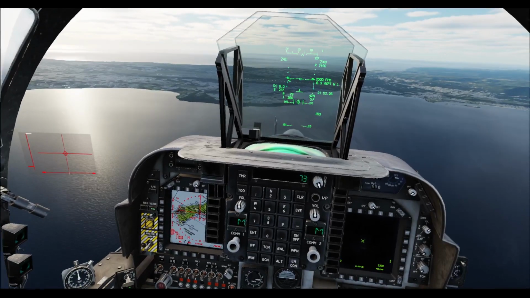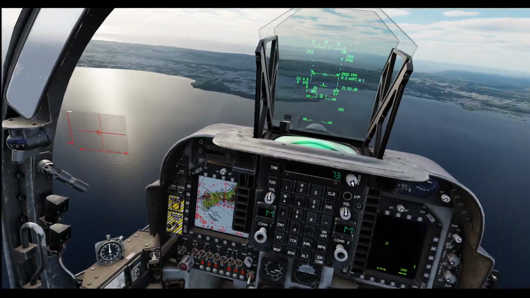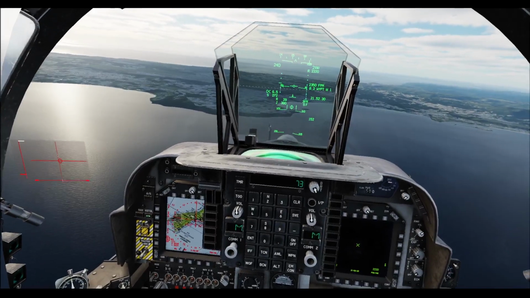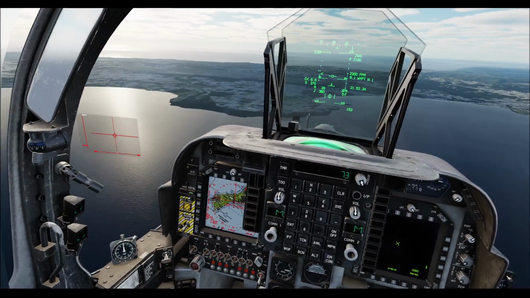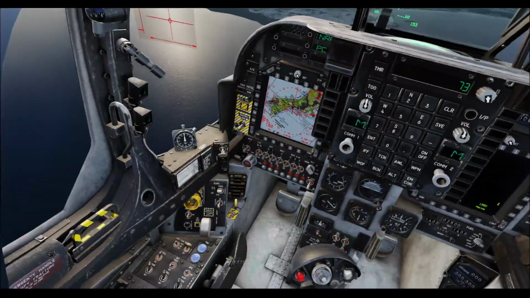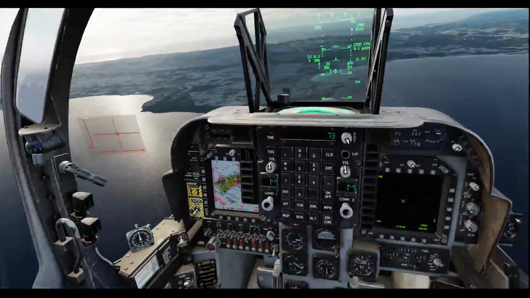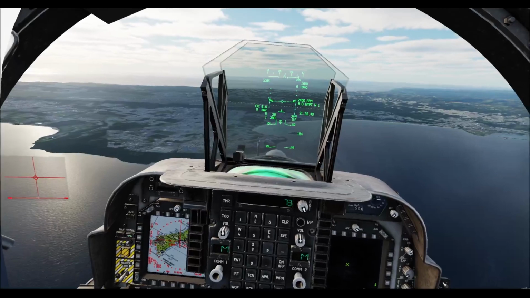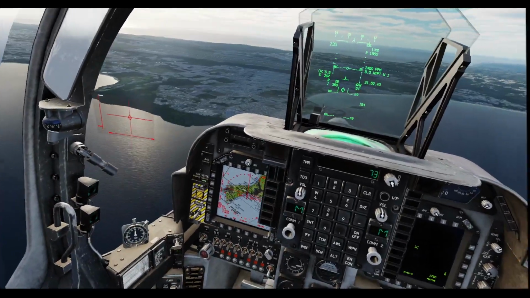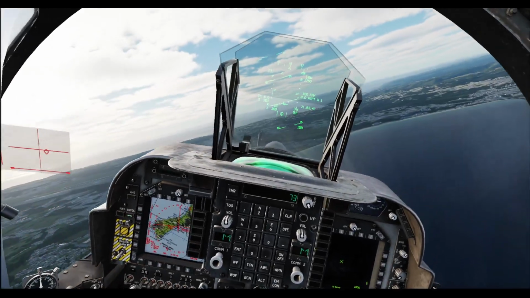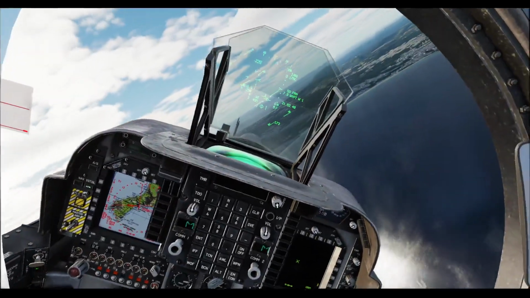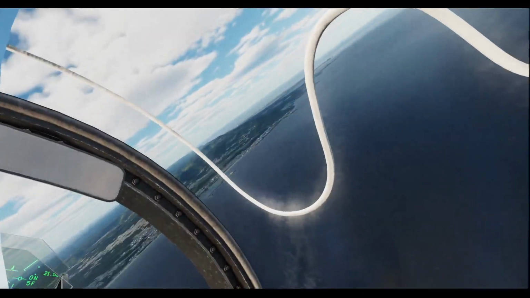And we're going to keep that air brake out. Delta distance coming down nicely. We're a little bit low. We're a little bit shy of the 8 miles, and I'm going to turn onto the runway heading.